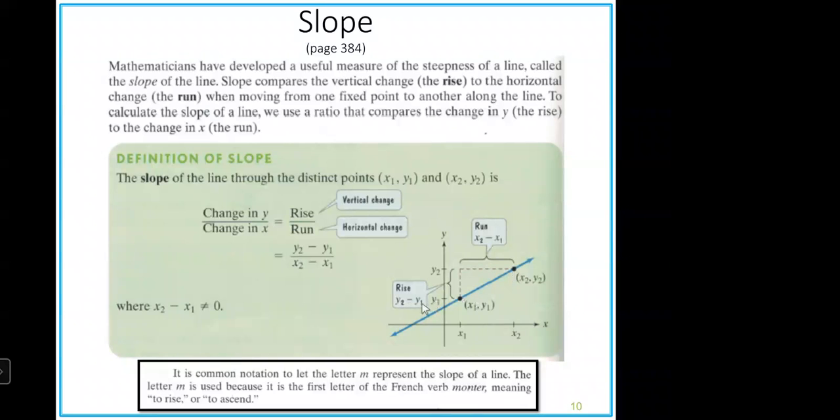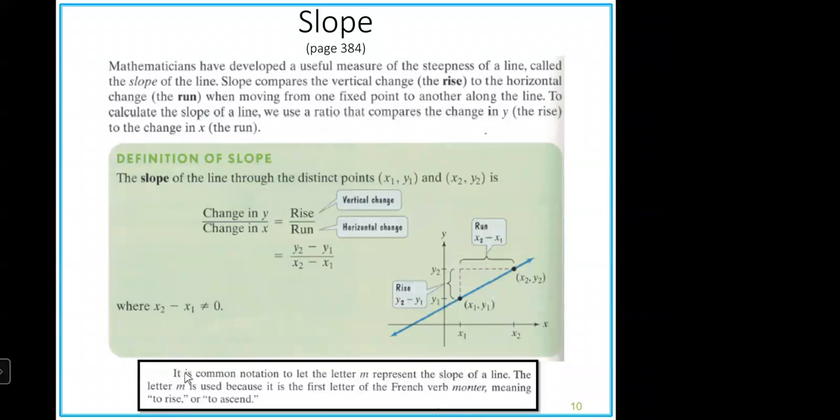So it's really a change in your Y, which is your rise, over the change in your X, which is the run. Okay. And so that is how the slope of a line is calculated. The vertical change over the horizontal change. And vertical change is measured on the Y-axis. Horizontal change is measured on the X-axis.